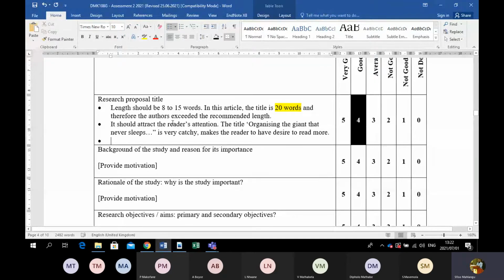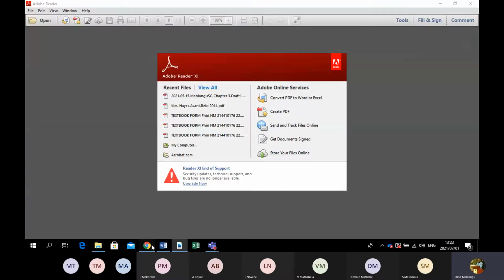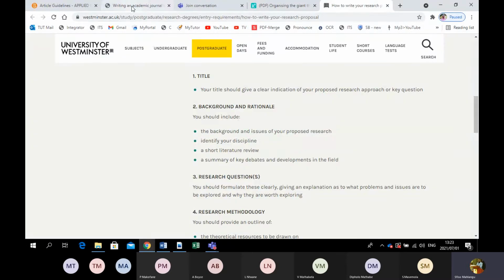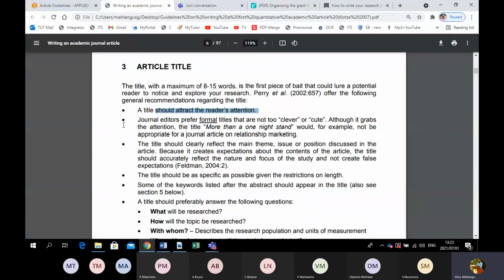They don't need to be consistent, meaning that there are many guidelines regarding the title beside the length. For example, if you read in the guidelines that I've just shown here, you'll see 2, 4, 6, 7. There are many bullets.